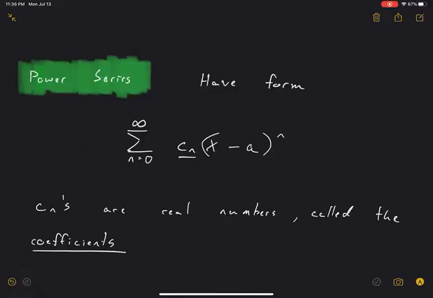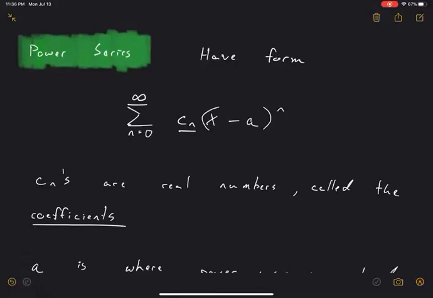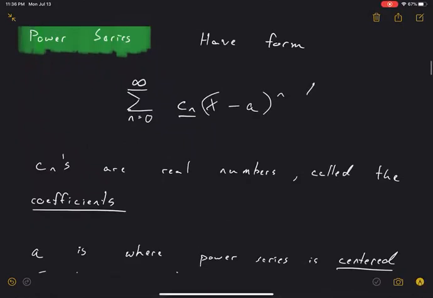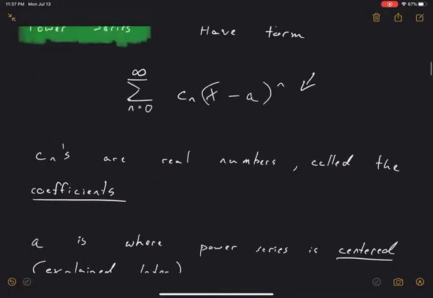Okay, and now let's continue dissecting this. What are these c_n? Well, these c_n are going to be real numbers, and we're going to call those c_n the coefficients of our power series. All power series have this form, so the only thing that makes one power series different from another are these coefficients and this number a. The general structure is always the same.